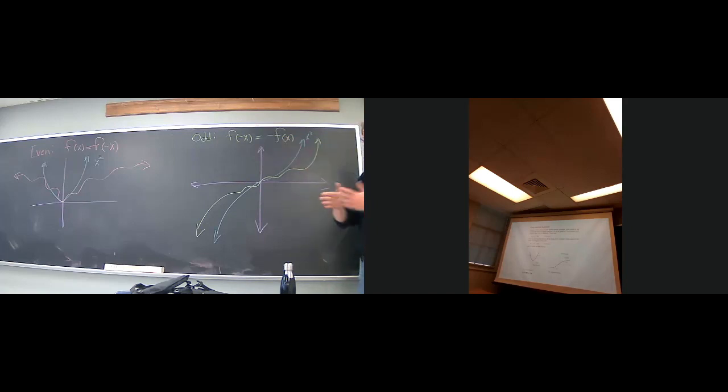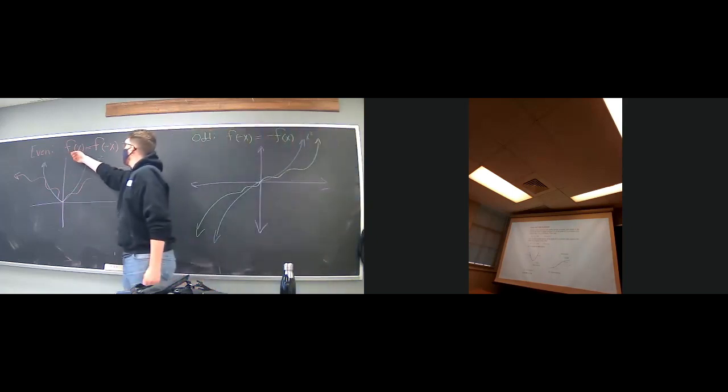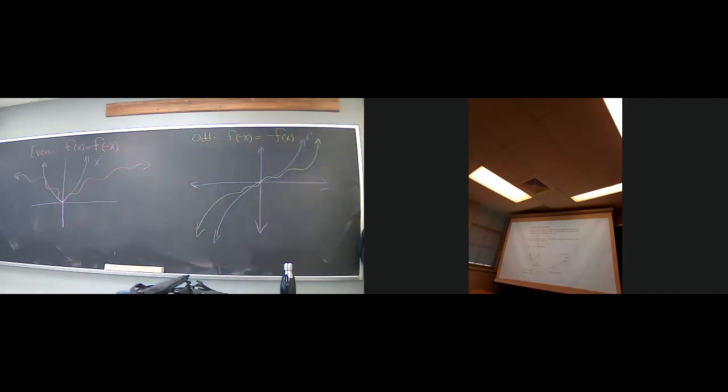The expansion is just breaking it up into a series and saying, all of these add up to our function. When you do that, even functions have only even parts. Only the even terms get left over. Odd functions, only the odd terms get left over, assuming certain things about the expansion you're using.